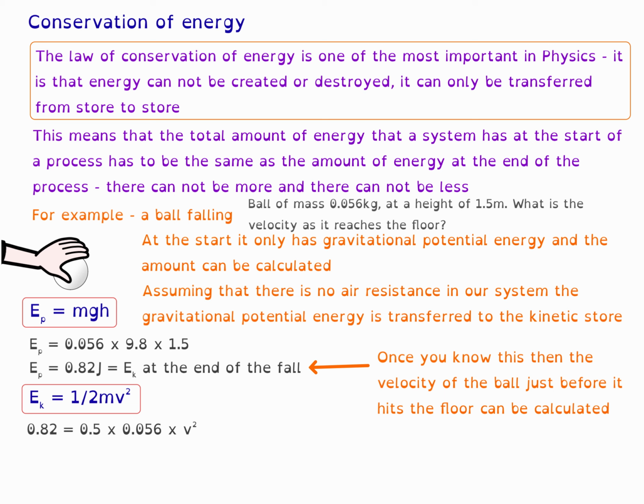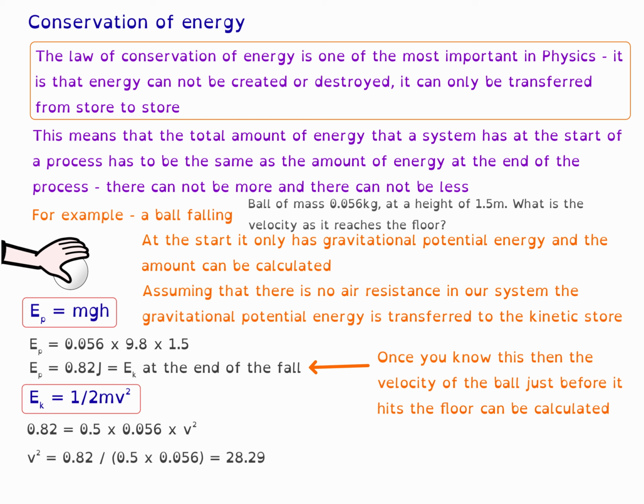This is our unknown. We then need to rearrange our equation so that it equals the velocity squared. So that would be 0.82 divided by 0.5 times 0.056. And notice that that's in brackets, so the calculator does the correct calculation. And that gives us an answer of 28.29, but that's the velocity squared and not the velocity.